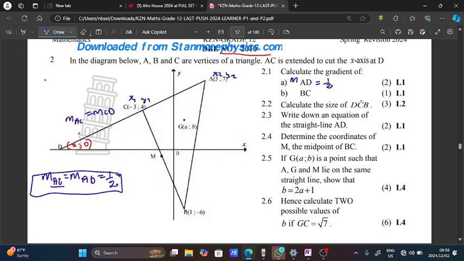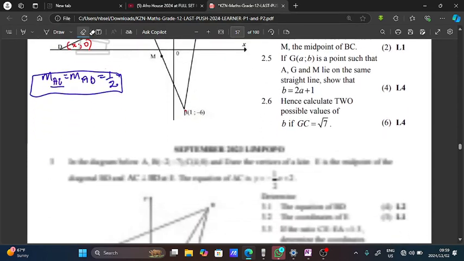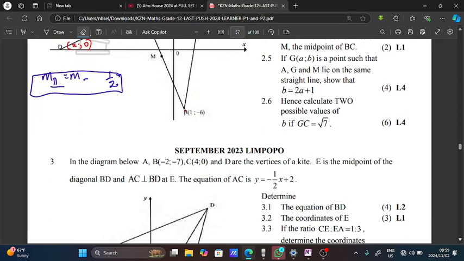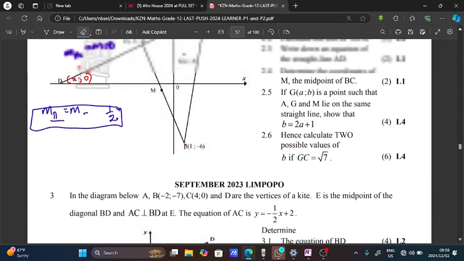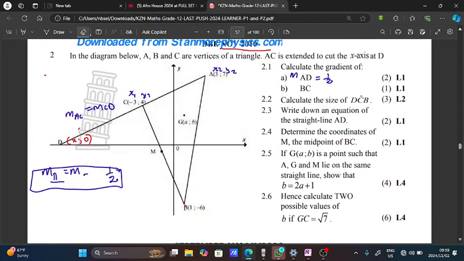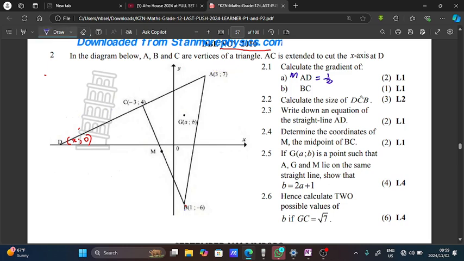Right, the second one, the gradient of BC. What is BC? B and C. We have all the coordinates again. Now focusing on BC, we have all the coordinates.